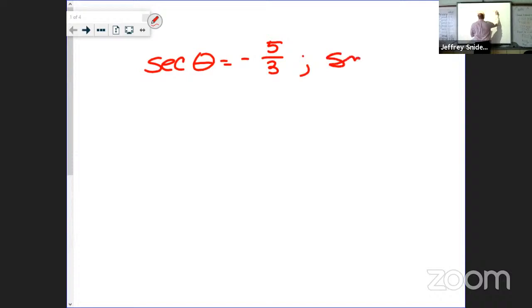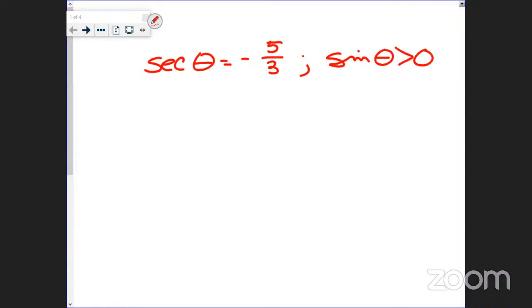All right. So number 5, I gave you that the secant of theta is negative 5/3, and I also told you that the sine of theta is greater than 0. So to start off, that information tells you what quadrant you're in.